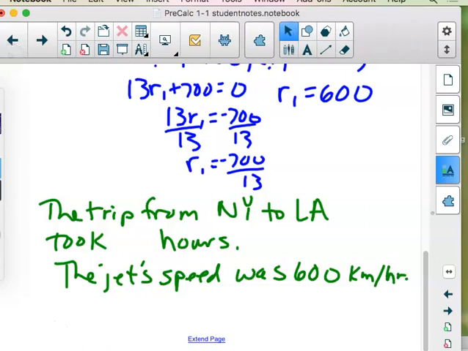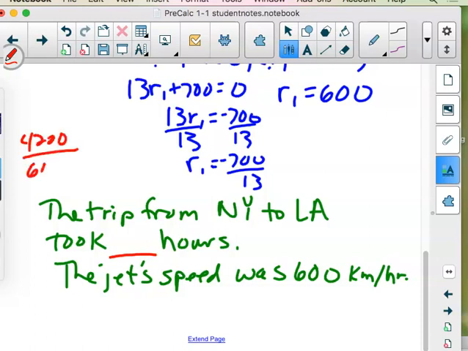So now, we have this information that it's 600 kilometers per hour, and we want to know how long that trip took, just so that we have all kinds of information. And again, they didn't ask us about this, but I could just see a follow-up question in your homework like this. And all we would have to do is say, well, it was 4,200 kilometers, and they traveled at 600 kilometers per hour.